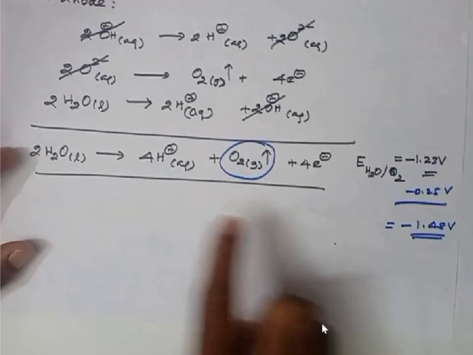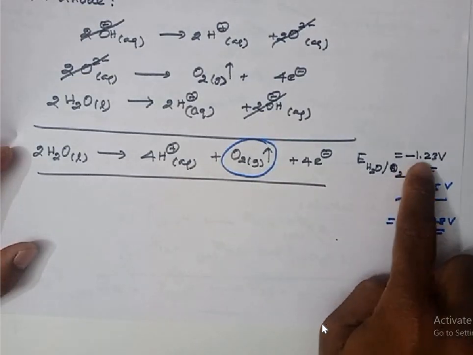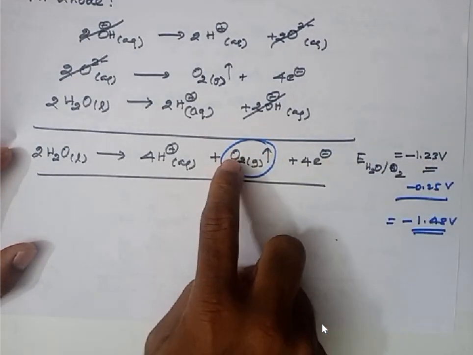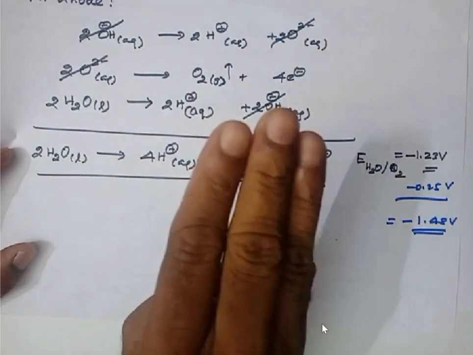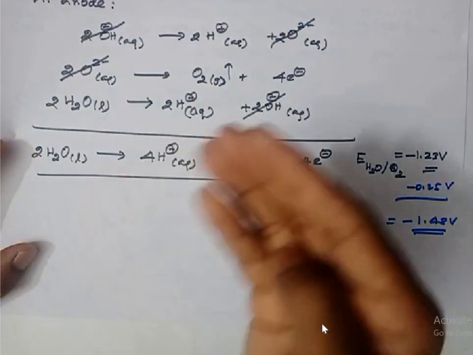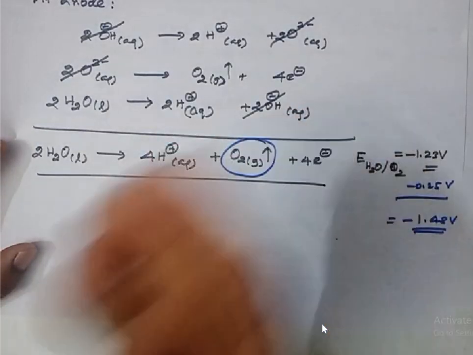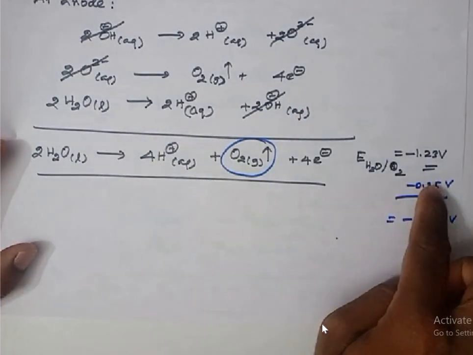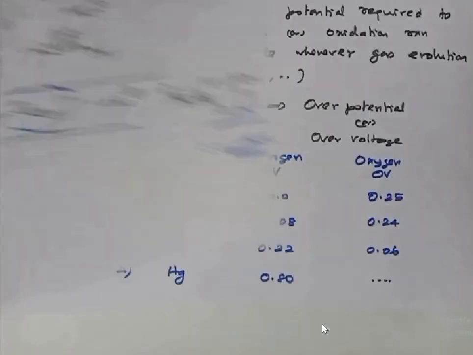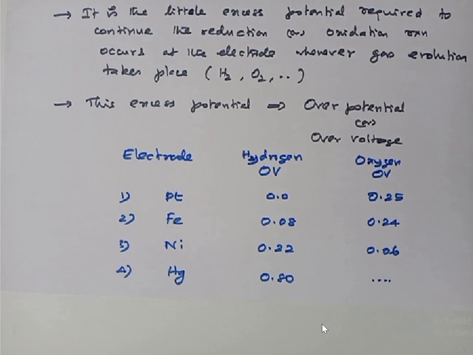But the actual potential for this reaction, the oxidation potential, is minus 1.23. Since oxygen gas adsorbs on the surface of the platinum electrode, it requires extra voltage to continue the reaction. Okay, this is called the overvoltage. And these are a few examples for hydrogen overvoltage and oxygen overvoltage. Yeah, so keep all these things in mind.